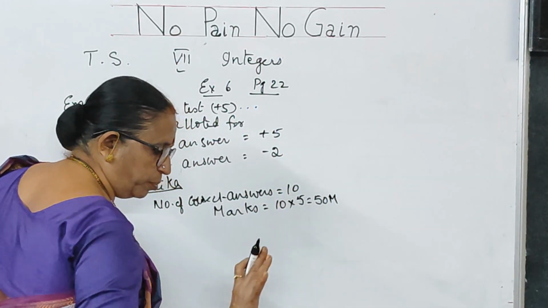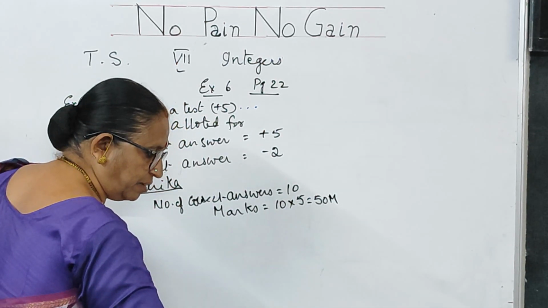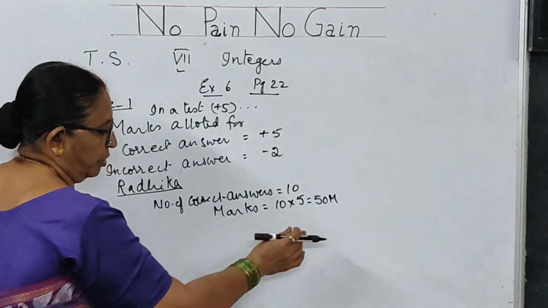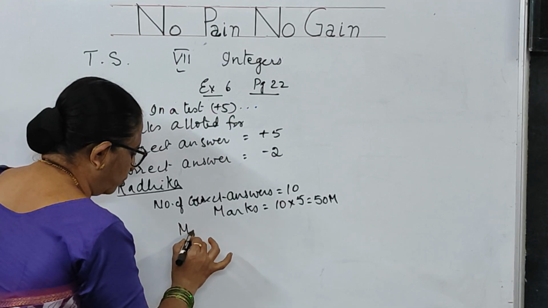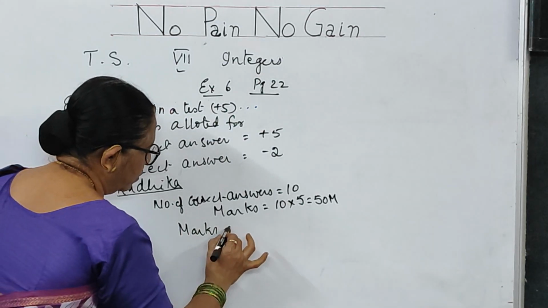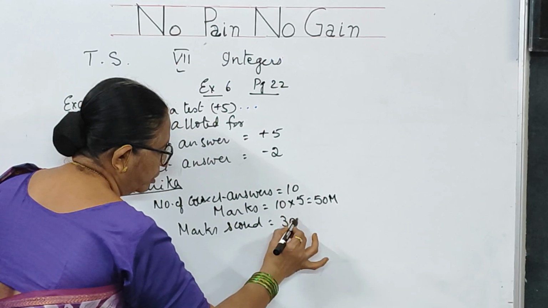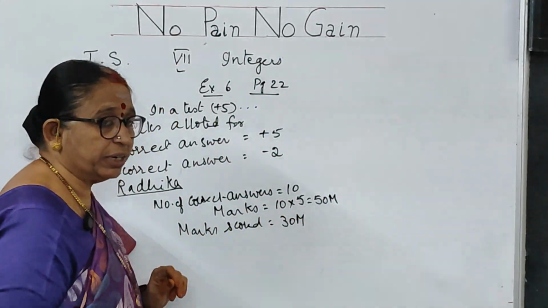But in the problem, what are they saying? She has answered and she scored 30 marks for 10 correct answers. But actually she should get 50 marks, no? But what are the marks scored? Marks scored is 30 marks. Actually she should get 50 marks.